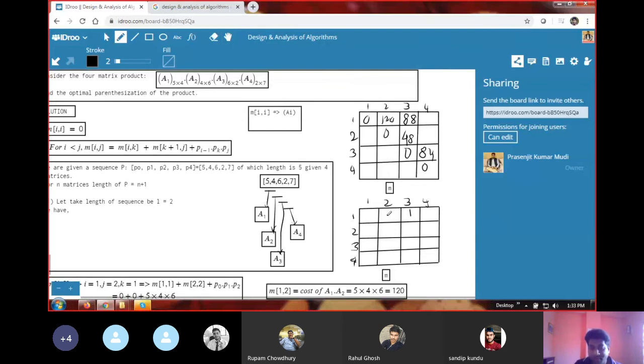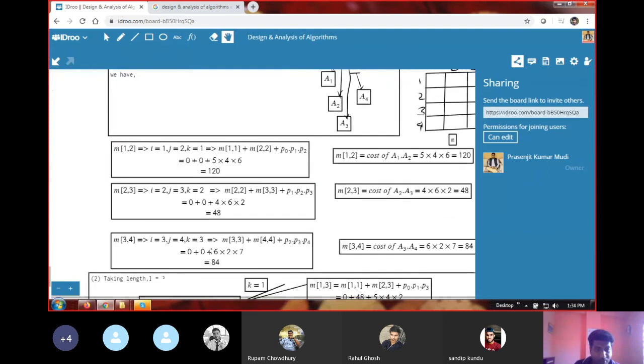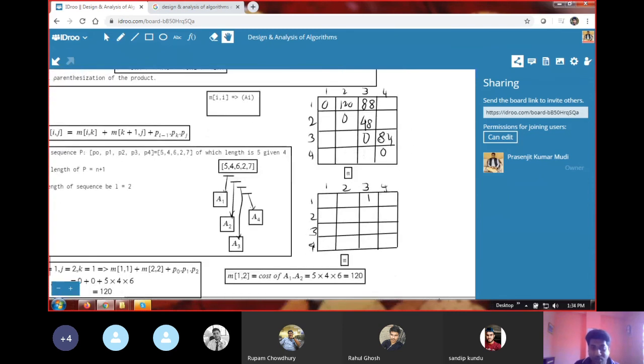We forgot to fill up this. s1,2 is 120 comes from the value k equal to 1 here. 148 comes from k equal to 2, and 84 comes from k equal to 3. So the corresponding locations are this is 1, this is 2, this is 3.